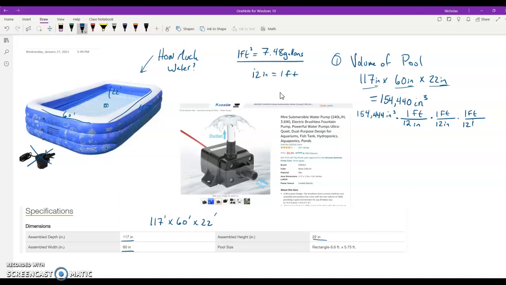This is a really common mistake with these types of problems. People not multiplying to get to the dimension that we want. So if we can see what happens here, inches cancel, 1, 2, 3 inches cancel with our cubic inches. So then 154,440 times 1 times 1 times 1 just gives us 154,440. Oh, sorry, there should be a 0 at the end. I missed that.